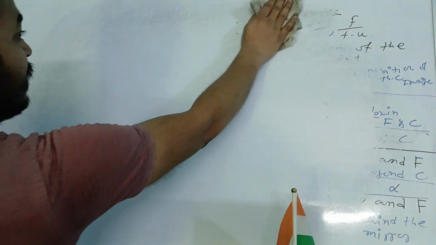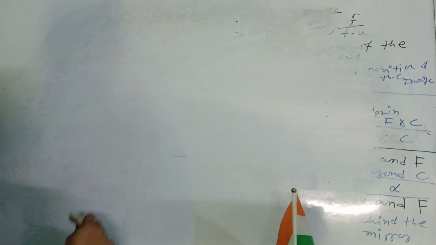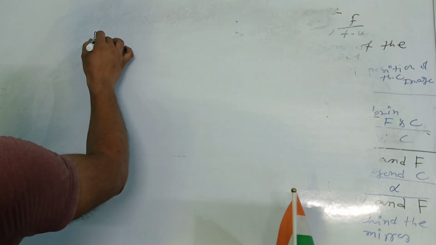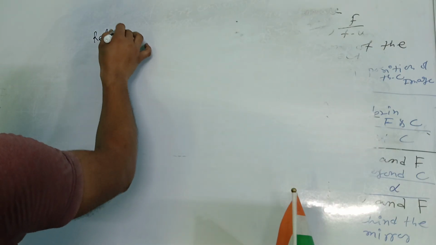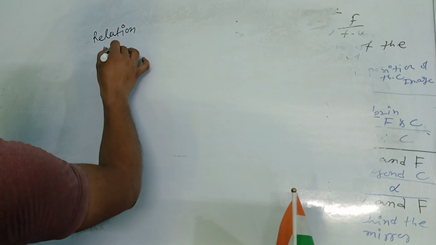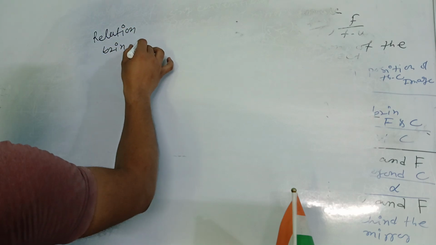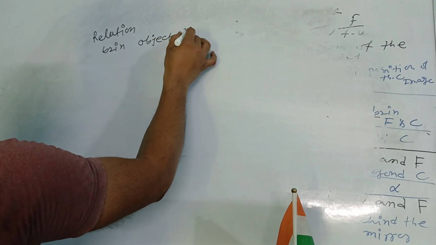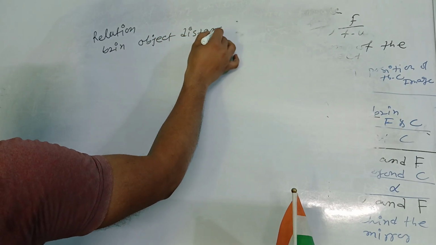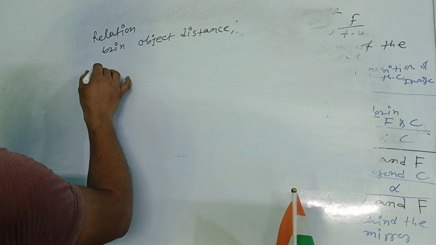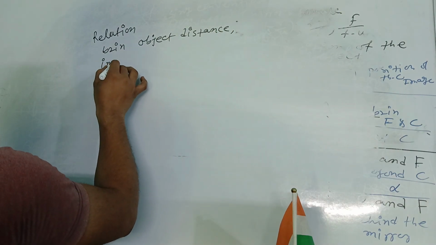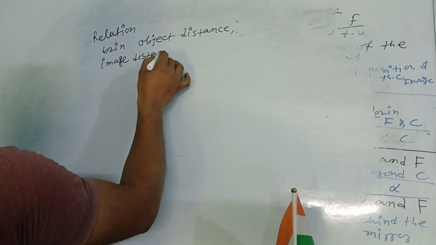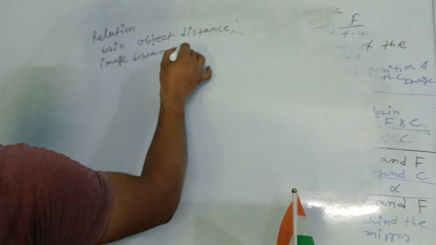The mirror formula is nothing but the relation between object distance, image distance, and focal length.